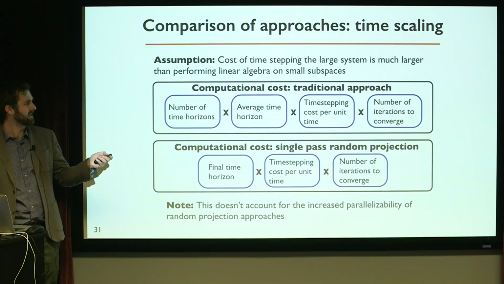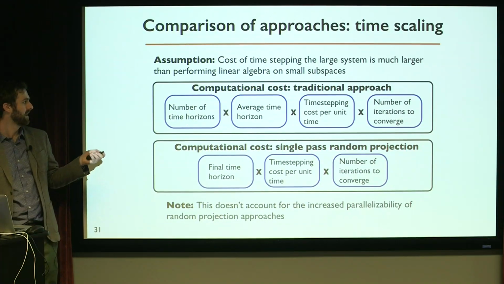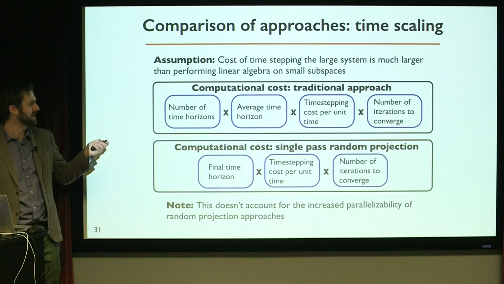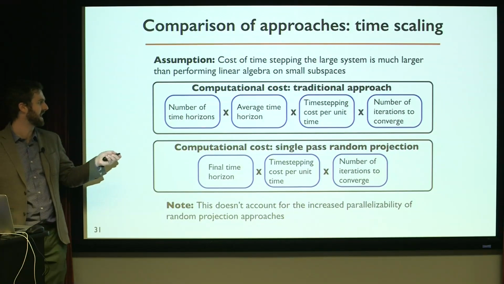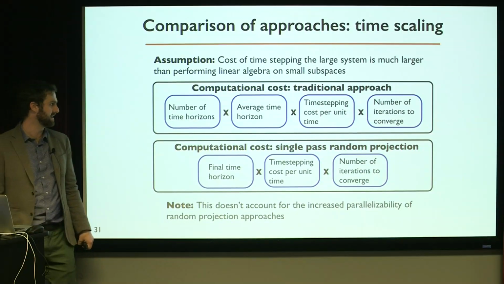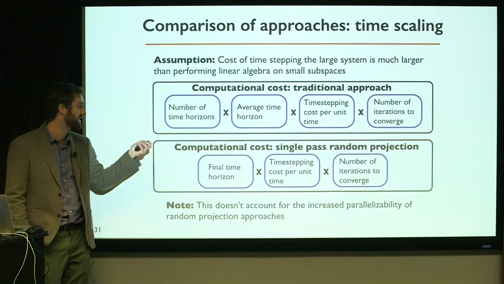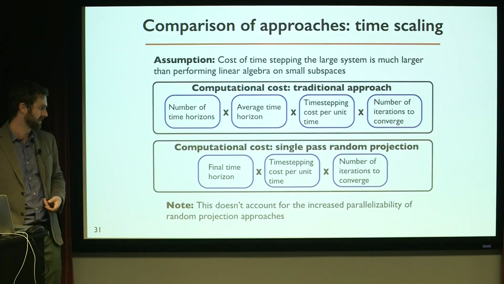So at the end of the day, aside from the advantage in parallelizability, what we also get for free is that we can use the same data for all of our different time horizons. Because we're starting from a random initial condition for all of them, it doesn't really matter what time horizon we're looking at.